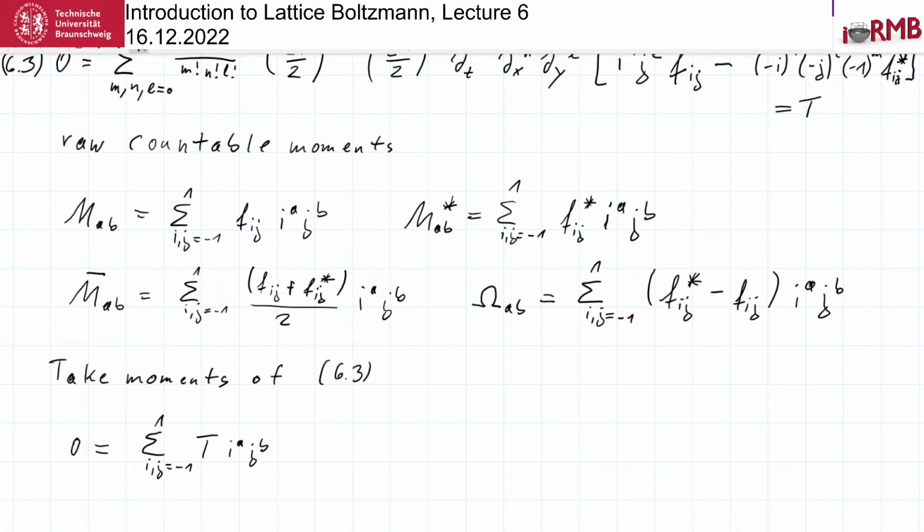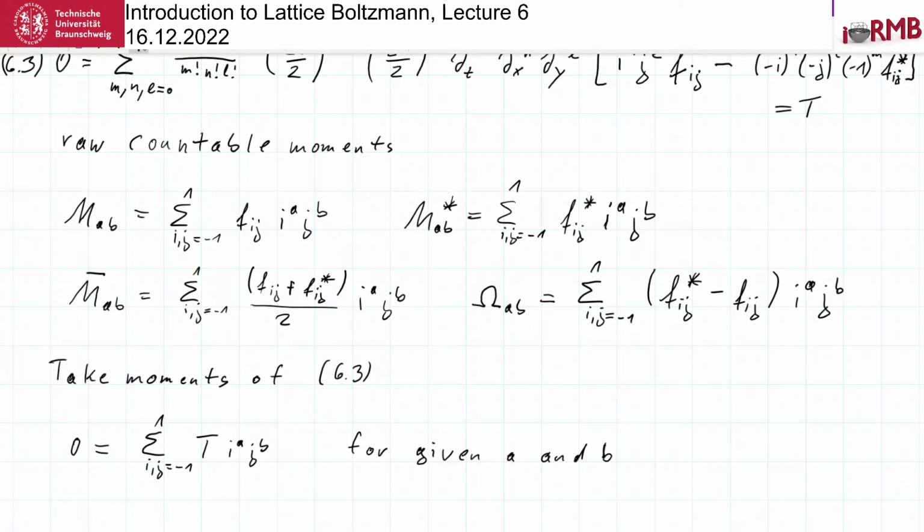These are the moments of this equation, and this equation is 0. So we need this T in order to specify that these are now the moments. This should be done for any given a and b; they are just parameters here.